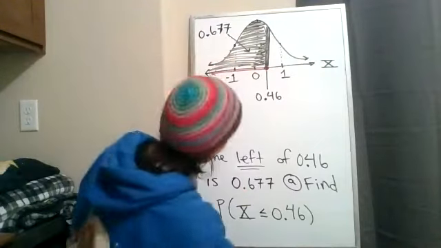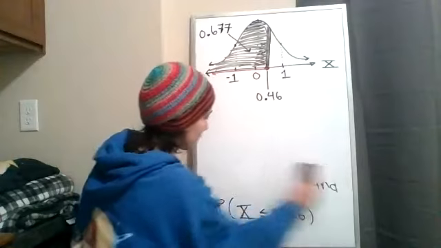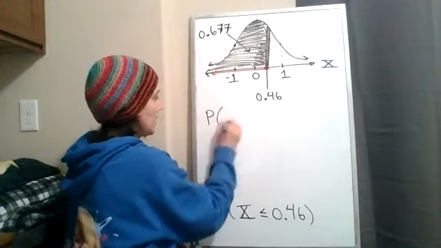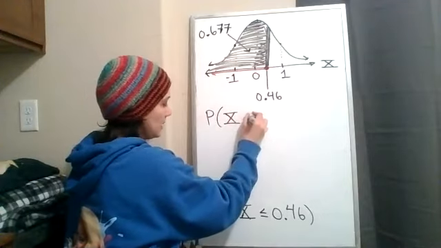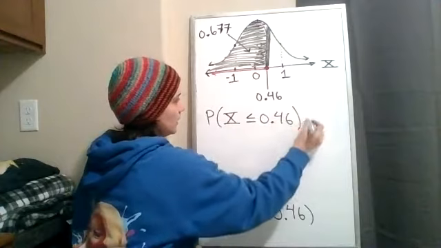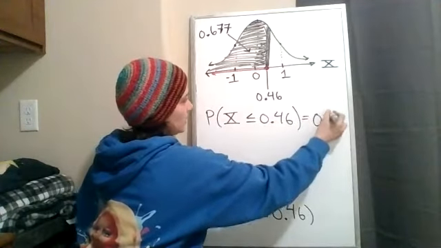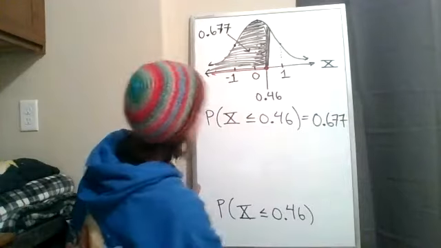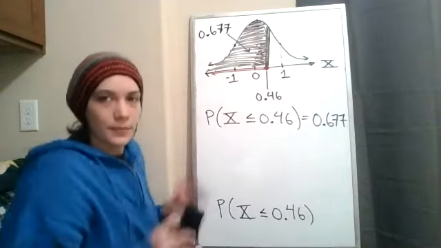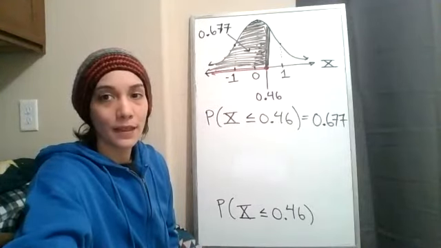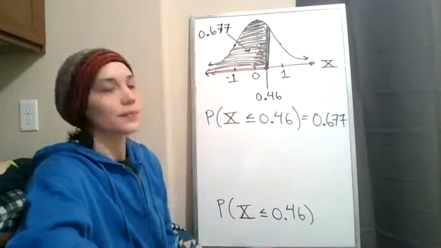So the probability that x is less than or equal to 0.46 is 0.677. Oh, okay. All right.